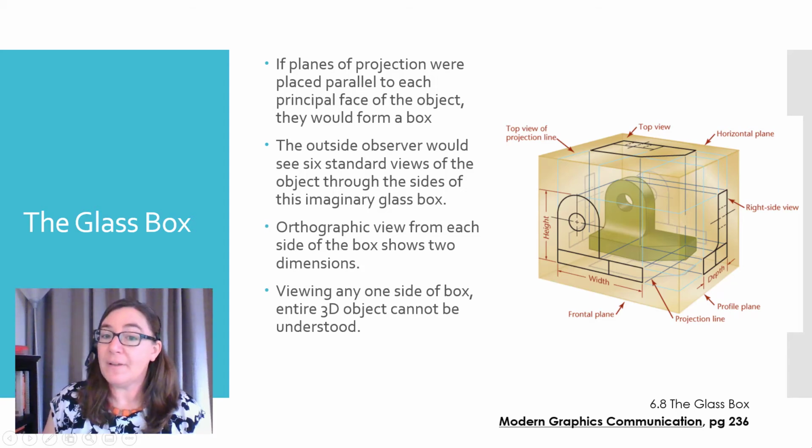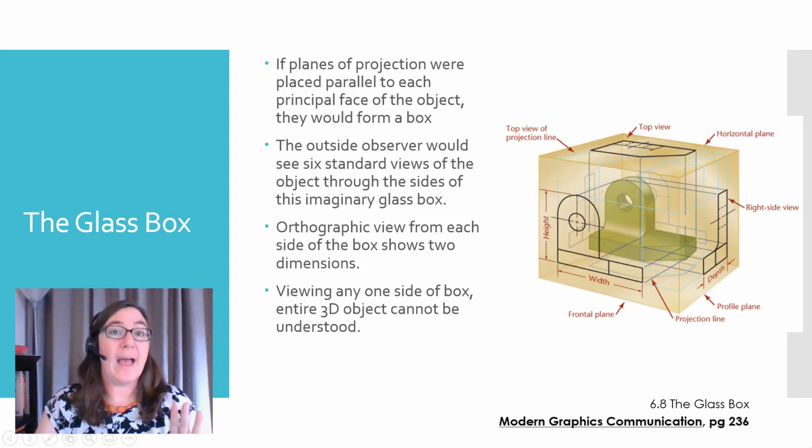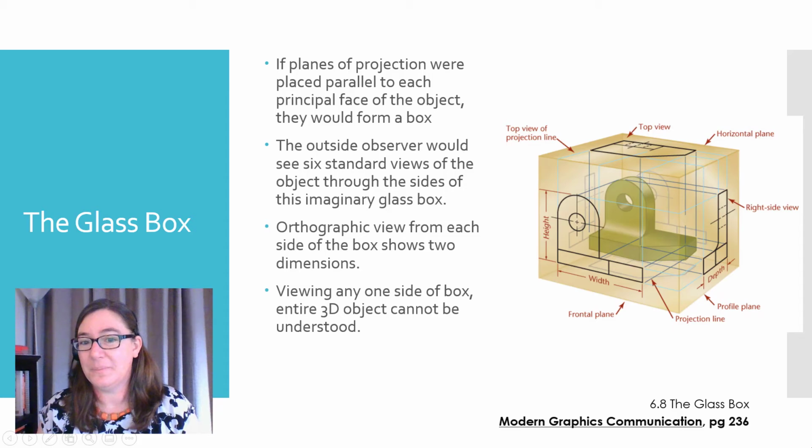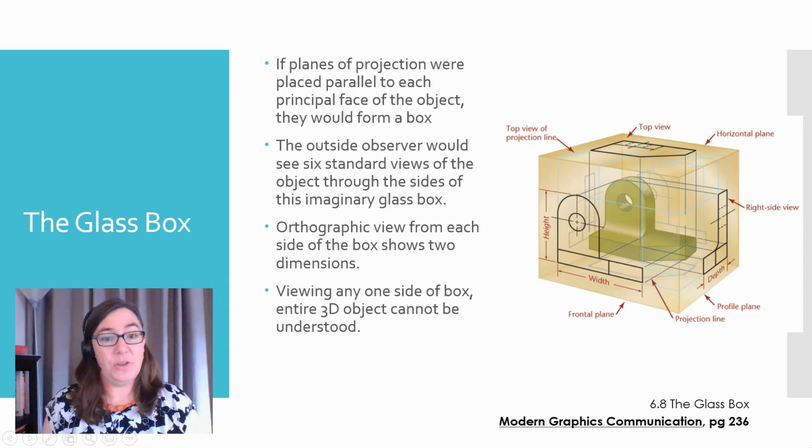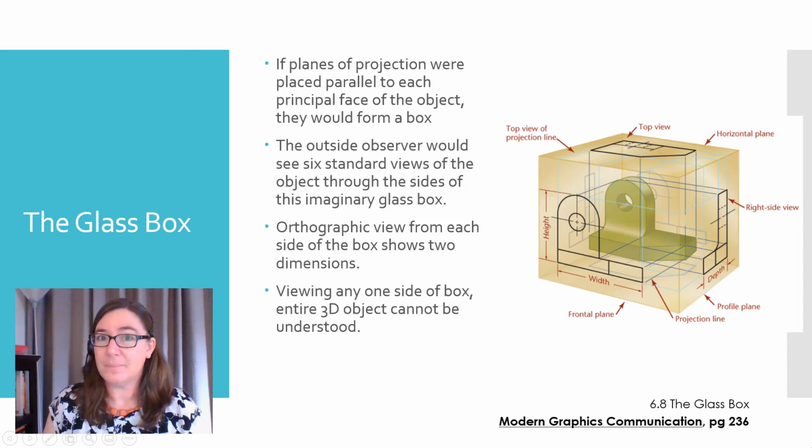Now, these are orthographic views from each side of the object, each side of the box, and each one of them is going to show 2 of the 3 dimensions. If you look at any one side of the box, any one image, you can't understand the full 3D object.